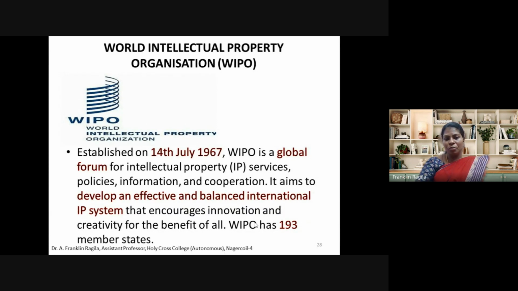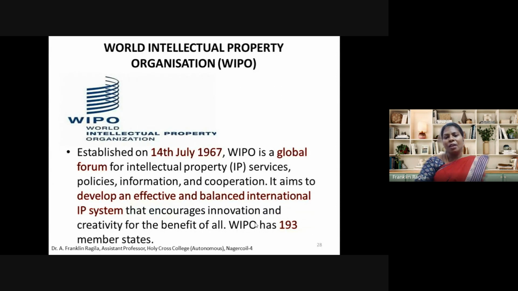It's a global forum for intellectual property which provides services with trade policies, provides information, and where cooperation activities are also held. The aim of WIPO is to develop an effective and balanced international intellectual property system, which thereby encourages innovation and creativity for the benefit of all.